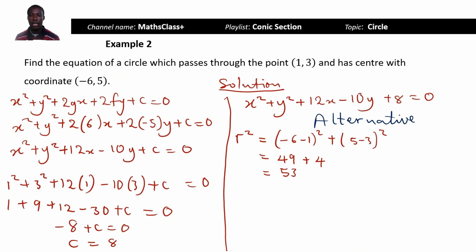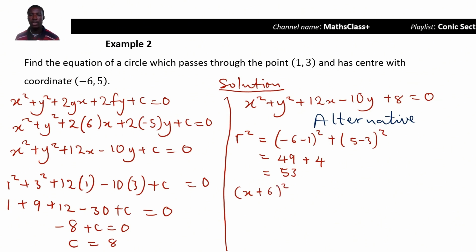So taking the center, I'll have x minus negative 6, which becomes plus 6 squared, plus y minus 5 squared is equal to r squared. And here our r squared has been obtained as 53.